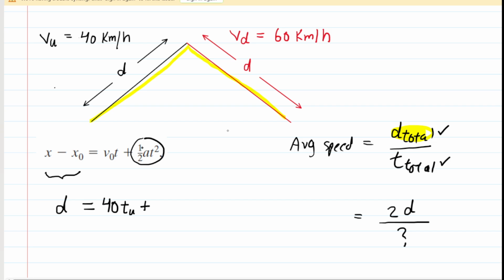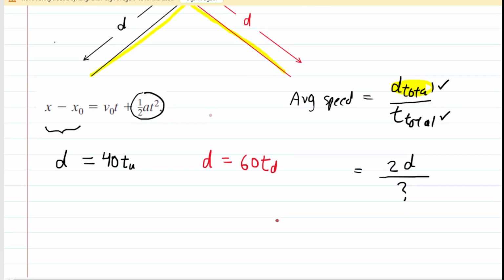You would have 1/2 times 0 times time squared. So that would all become 0, and so we can omit that from the equation. So this would be the equation for the car traveling up the hill, but in a similar manner, we can represent the equation going down the hill. So we would have that distance d is equal to the initial speed of 60 kilometers per hour multiplied by the time required to go downhill, and then plus 0.